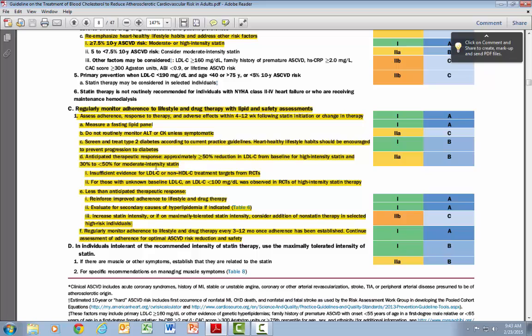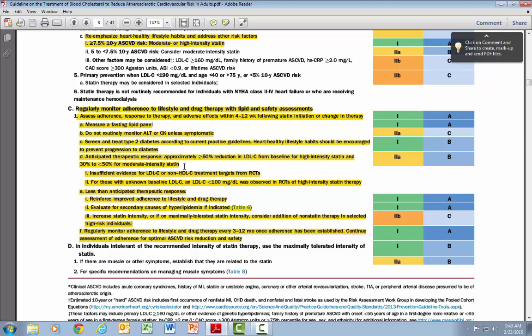Okay. Now, you anticipate a therapeutic response of approximately more than 50% reduction of LDL with high intensity statins and 30% to 50% with moderate intensity statins. That's what they found in this guideline, that by using high intensity statins, the LDL was able to be decreased by more than or equal to 50% compared to the prior ATP3 guideline, which titrated up or down.